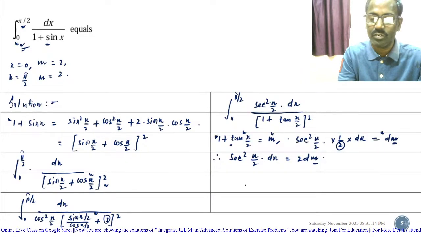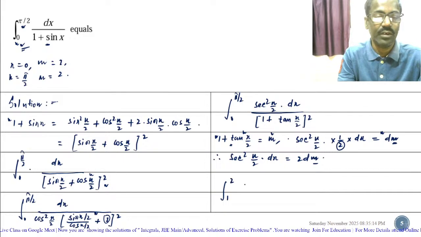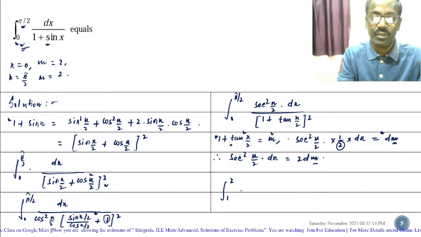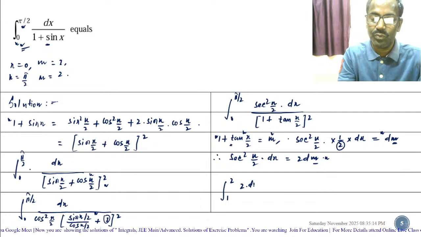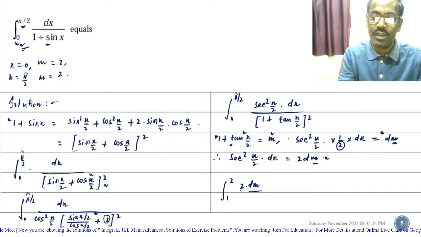So the form of the question here will be the integral from 1 to 2, and for sec square x by 2 dx we write 2 dm, and for (1 plus tan x by 2) whole square we write m square.